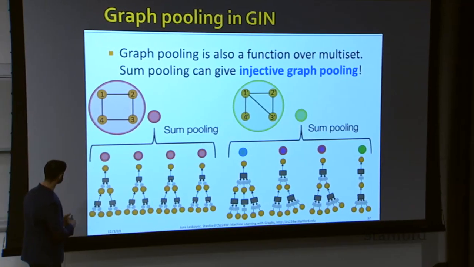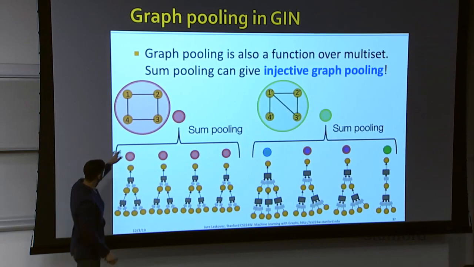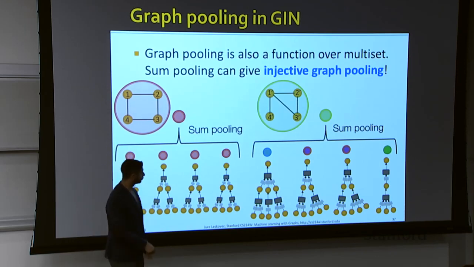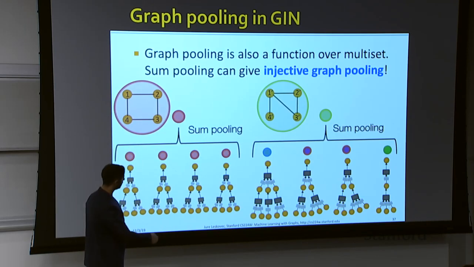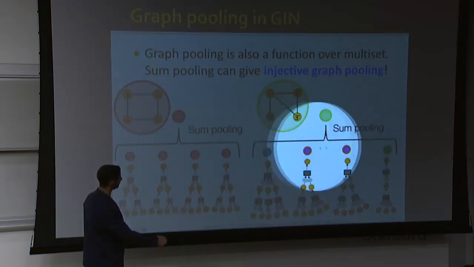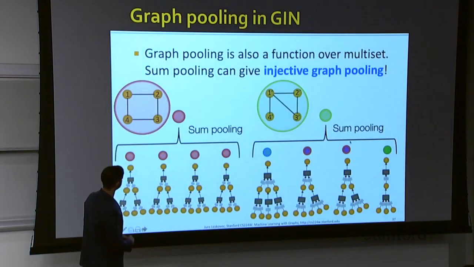We're back to the graphs that we were seeing before. We have our red graph where each node maps to the same color, and then we have our green graph where we have three different colors. Two nodes are the same, and then we have blue and green, which are distinguished.